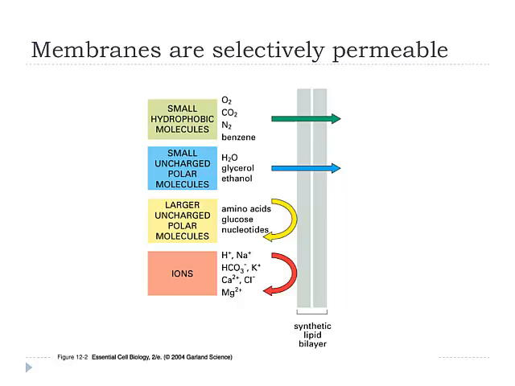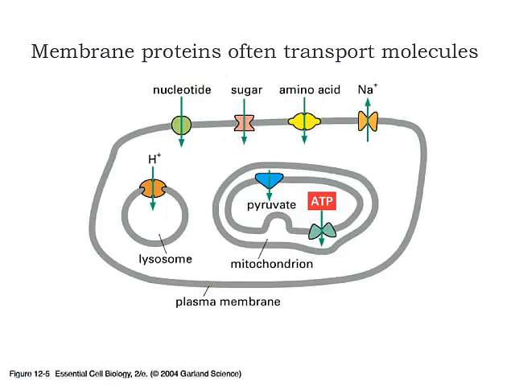And same thing with ions. So membrane proteins, these transmembrane proteins, are what helps these larger or charged small molecules to get in or out of the cell. And that applies not just to the cell membrane, but also to all of the compartments.